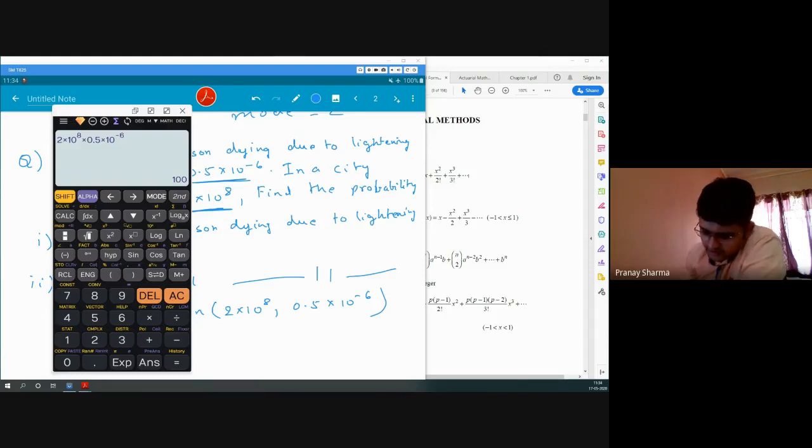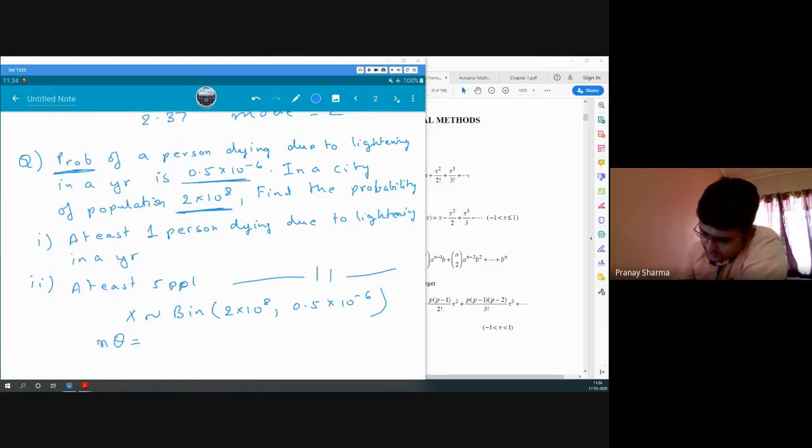Okay, I think I took the example a little bit wrong. Just make this 10 raised to minus 8 and make this 10 raised to 6. Just write 5 into 10 raised to minus 8 and 2 into 10 raised to 6.